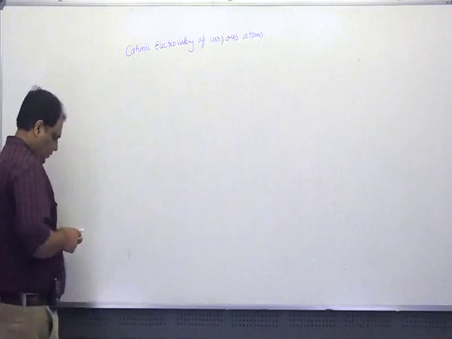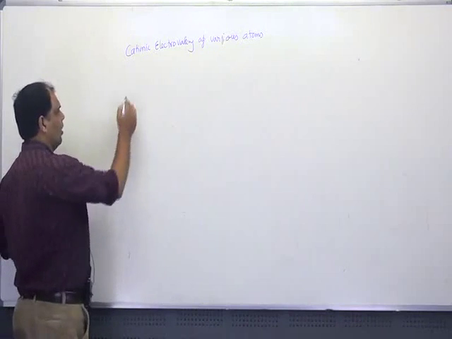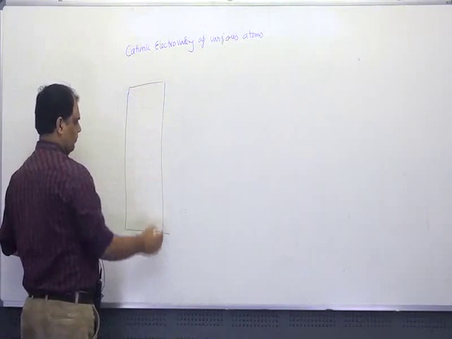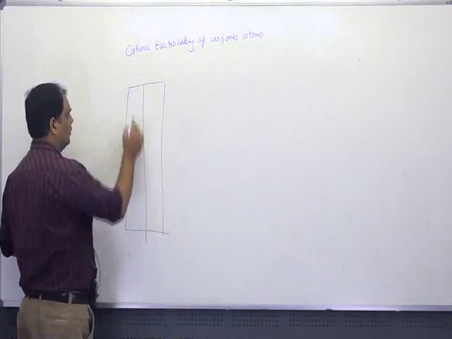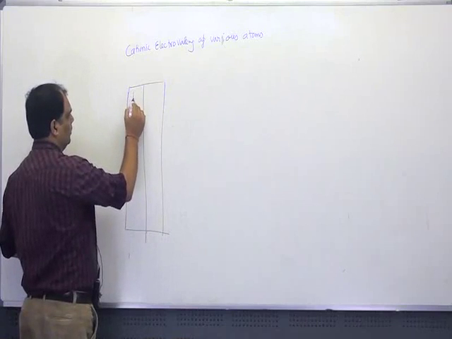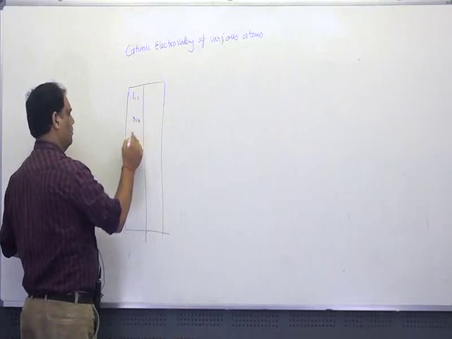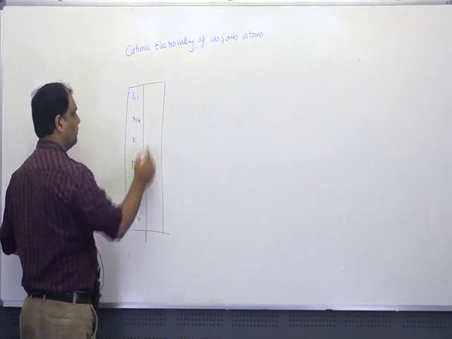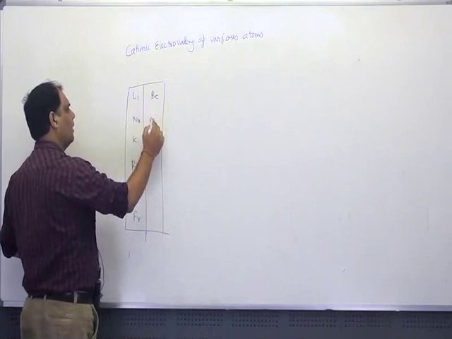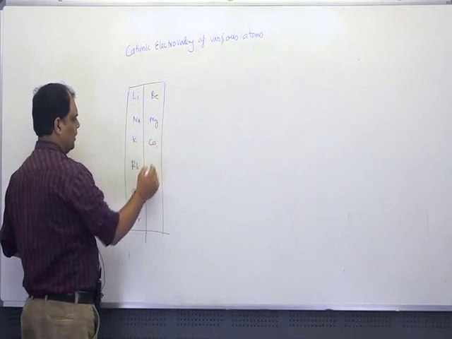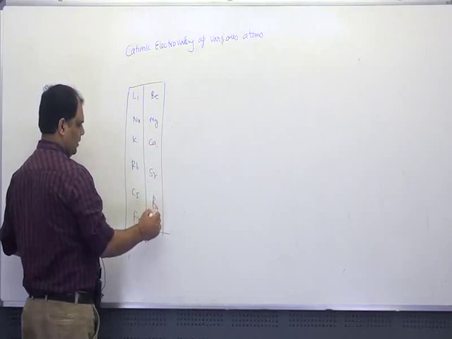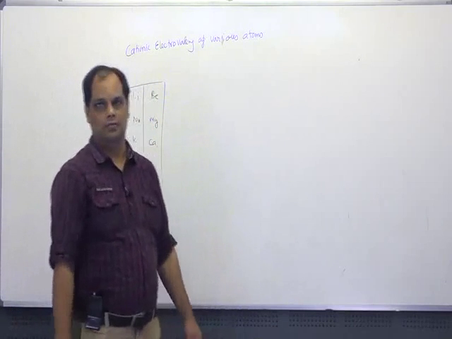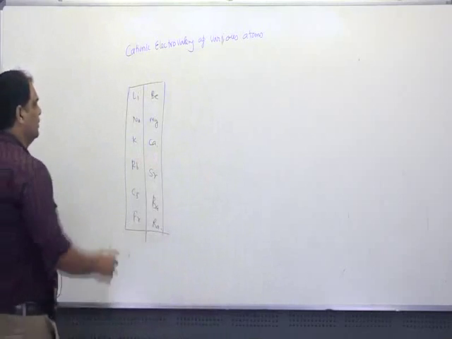Okay. Now just see it. Lithium, sodium, potassium, rubidium, cesium and francium. Beryllium, magnesium, calcium, strontium, barium and radium. Now just see it.